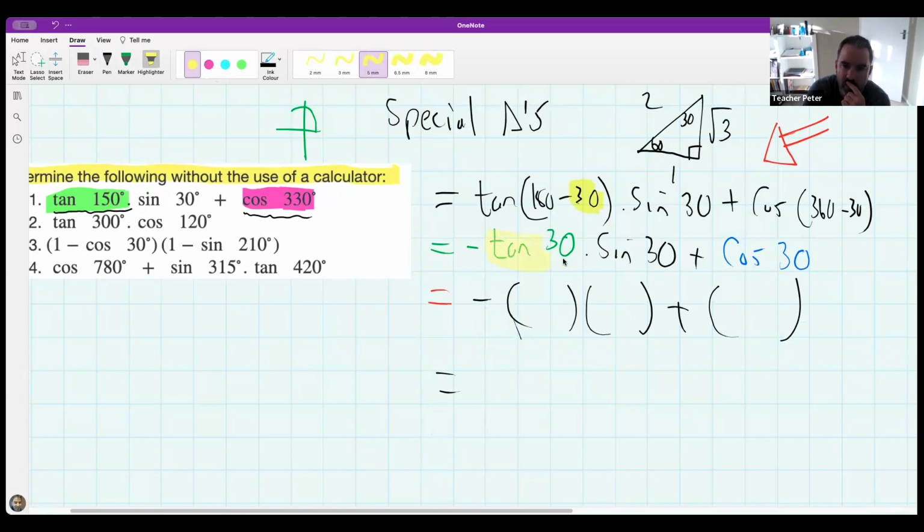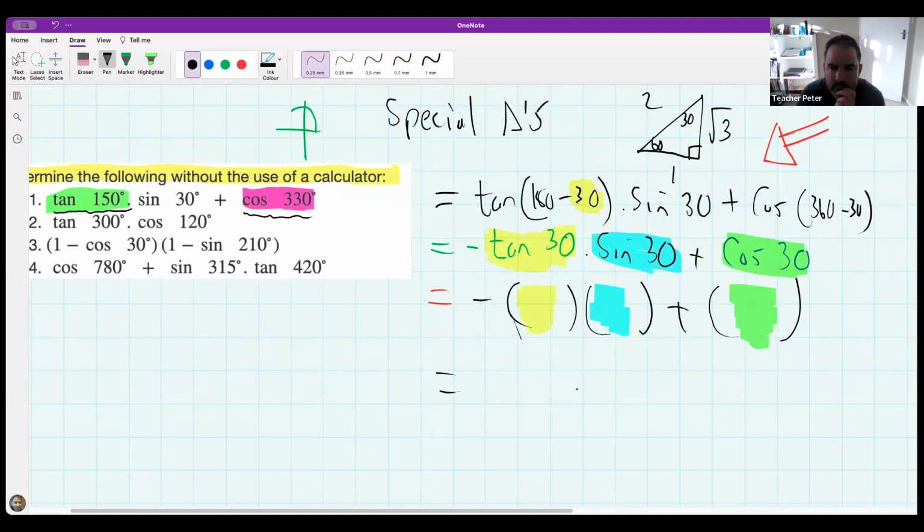So I want to know what goes there, what goes there, what goes there. Remember, no calculators. I hear some calculators in the background.